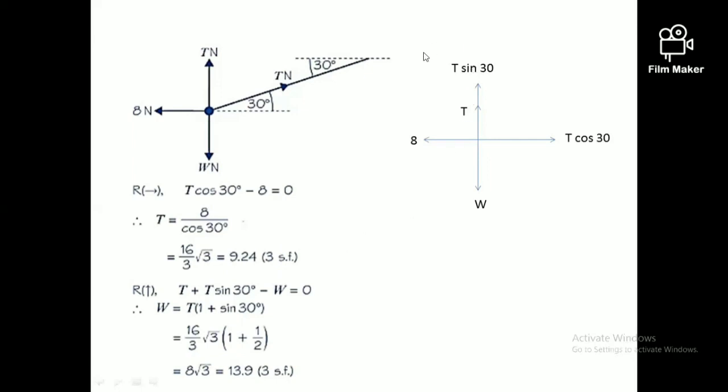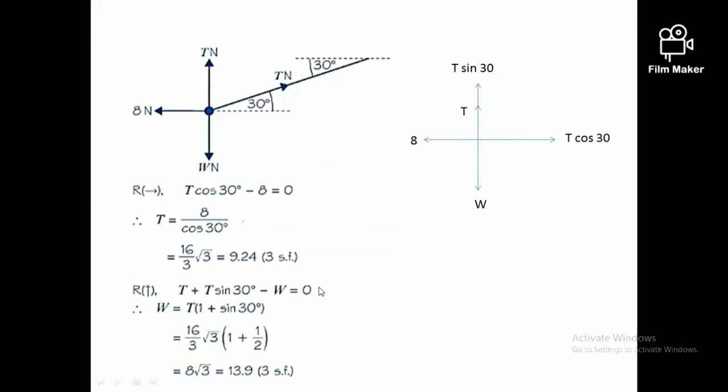Then I'll consider the vertical equilibrium. What are the vertical components? Then you can say upwards force is equal to downwards force, or you can write the total force equals 0 since it's in equilibrium. So you can say T plus T sin 30 minus W. Why is it minus W? Because these two forces are upwards and I have considered upwards as positive.